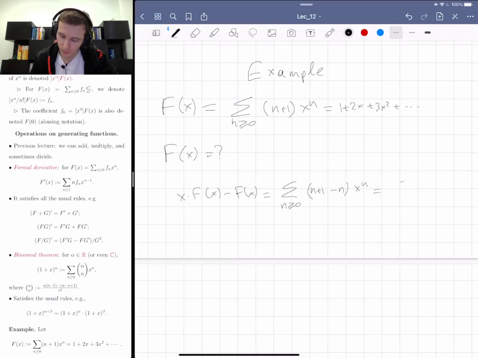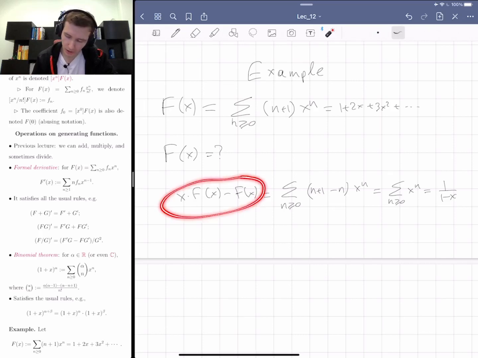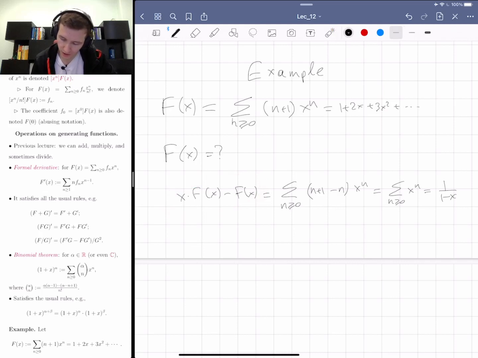So 1 over 1 minus x. Alternatively, it is the derivative of 1 over 1 minus x. Okay, that's great. So there's two ways. The first way, if you just divide by... wait, why is the sign different? Oh, okay. Sorry.